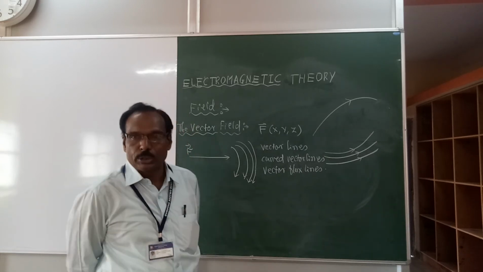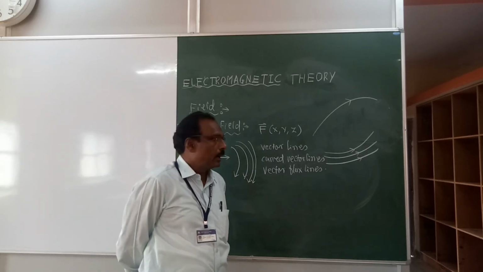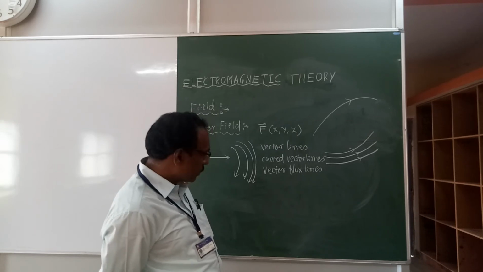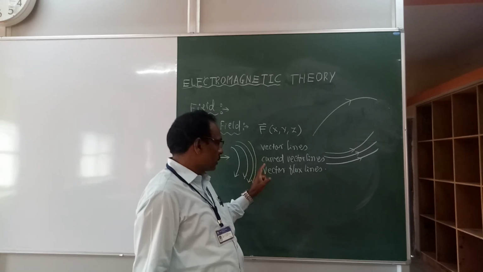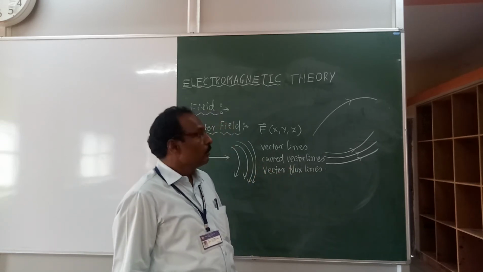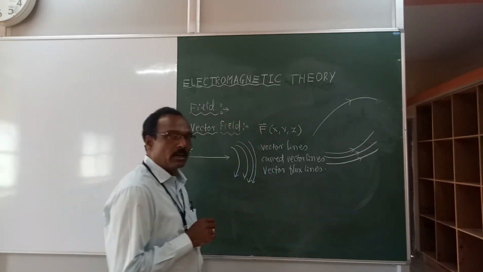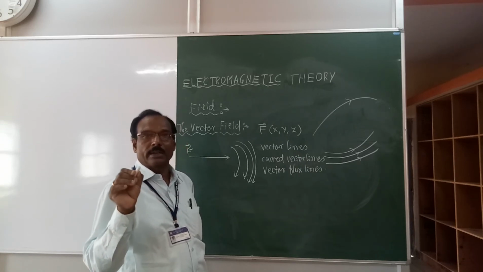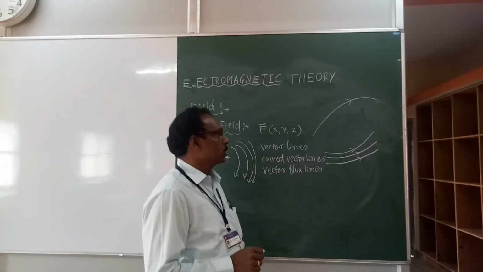Now, how do we find the direction and magnitude of a vector function represented by vector lines, curved lines, or vector flux lines? From the flux lines or vector lines, we can find out both magnitude and direction of a vector function, which is a continuous function.